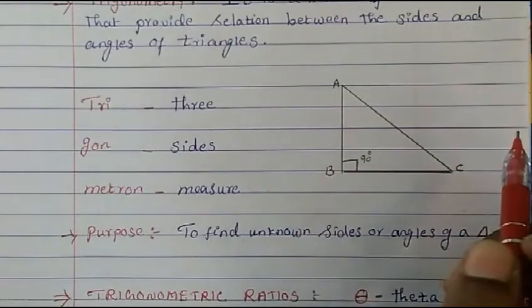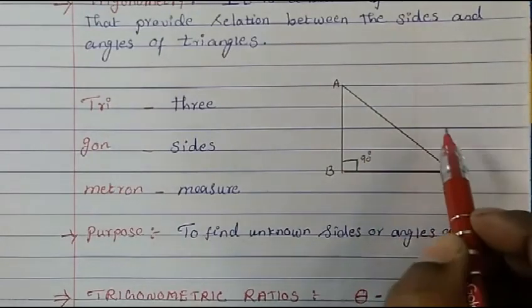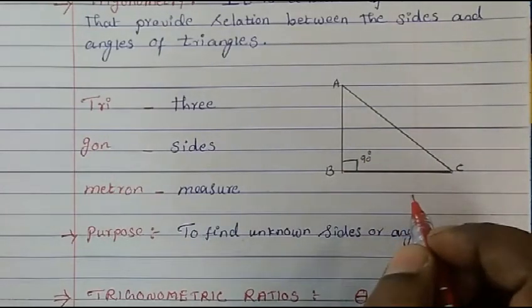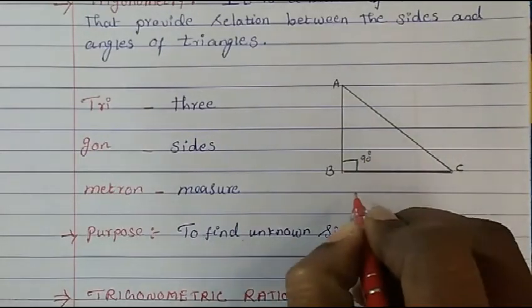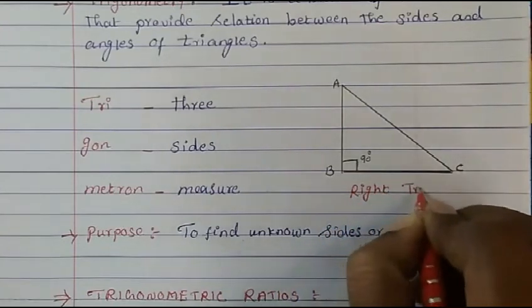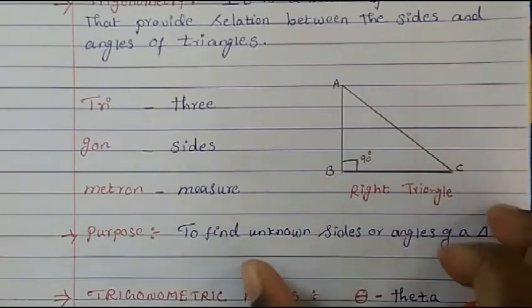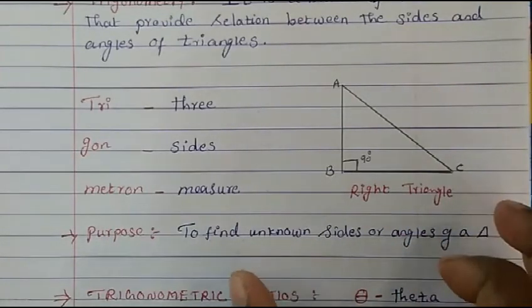And one more thing you have to remember: in this chapter we are going to fully concentrate on the right angled triangle, no other triangle. Right triangle only we are going to study.